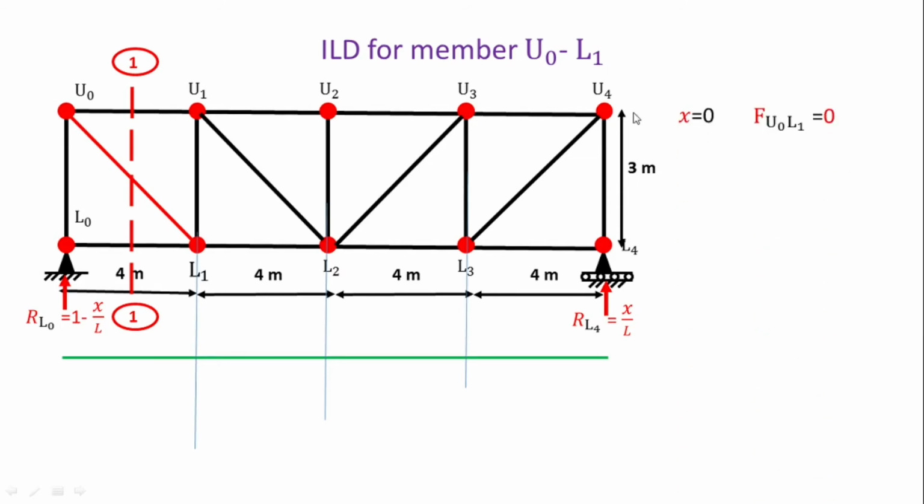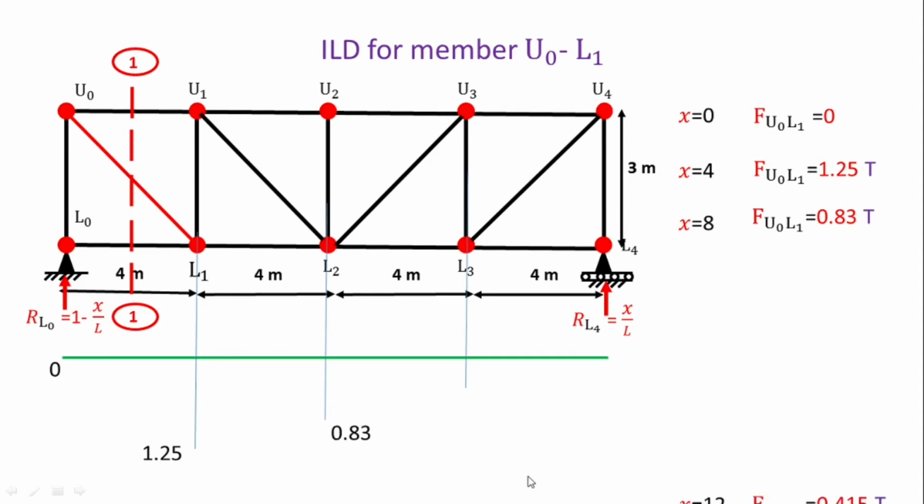Then when x equal to 0, the ordinate is 0. Next, when x equal to 4, the ordinate is 1.25. Then when x equal to 8, the ordinate is 0.83. So here marking the 0.83.